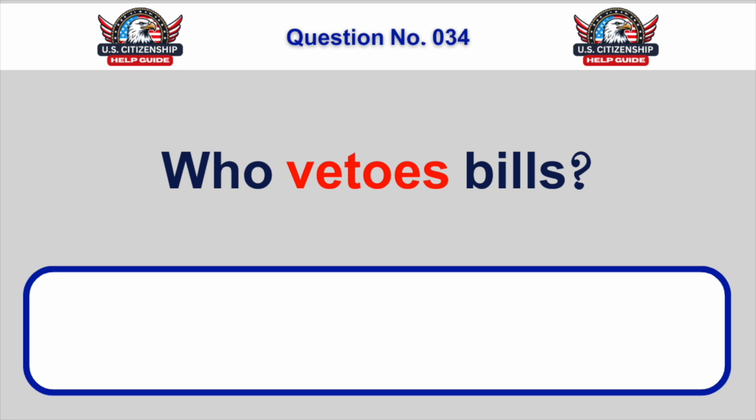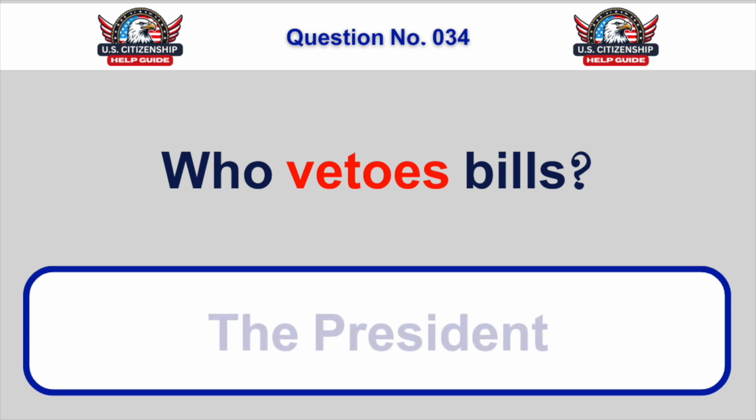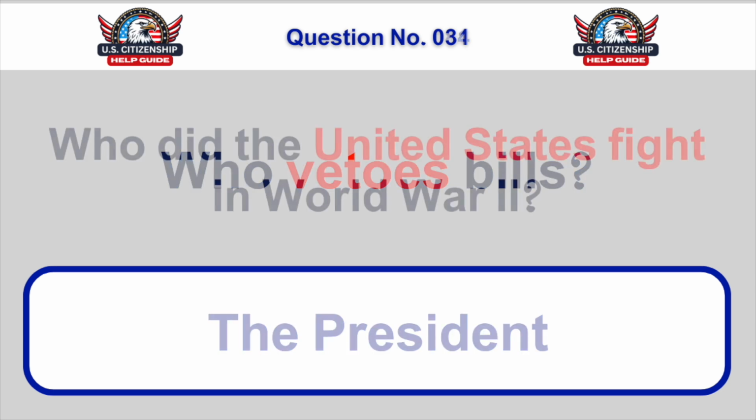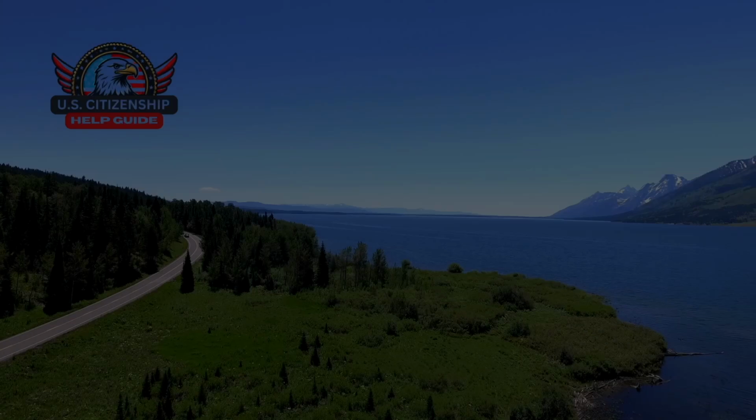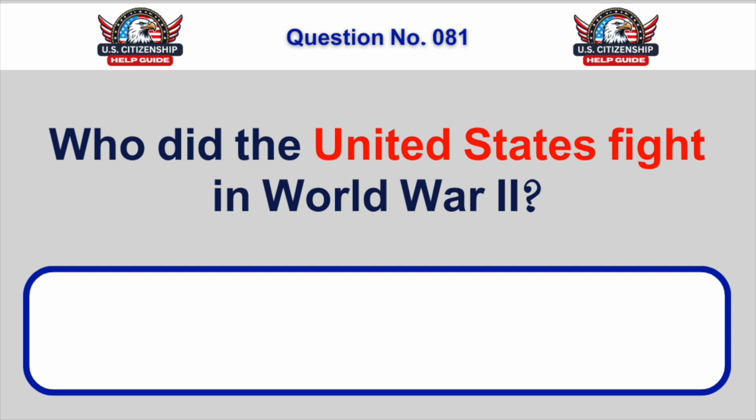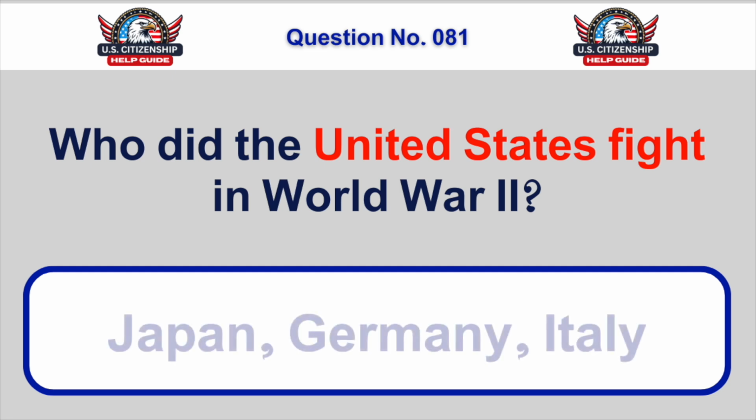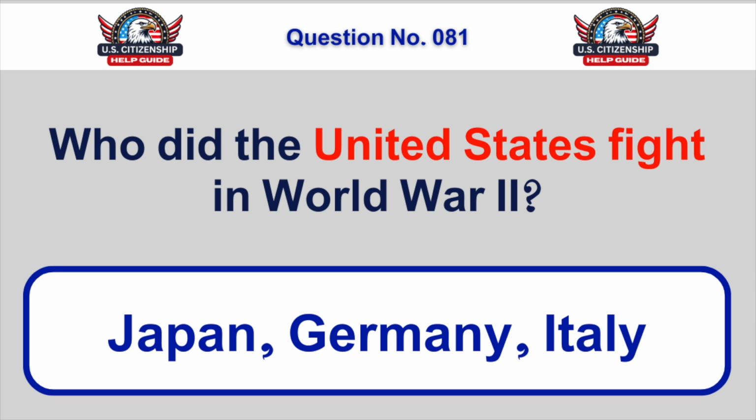Who vetoes bills? The President. Who did the United States fight in World War II? Japan, Germany, and Italy.